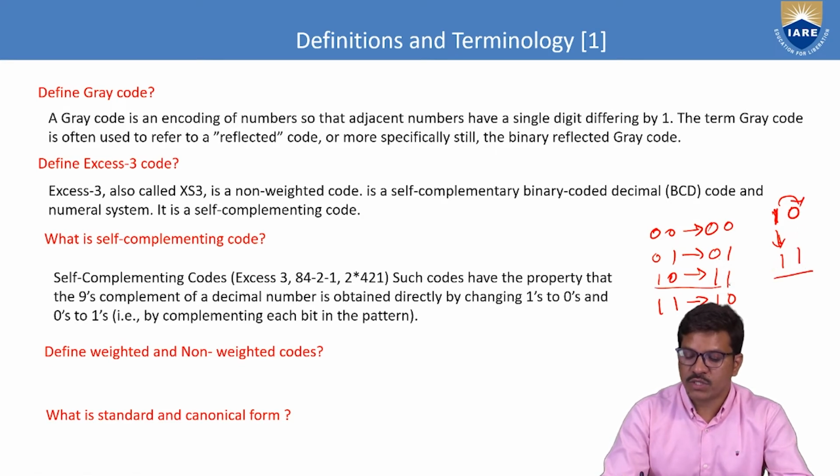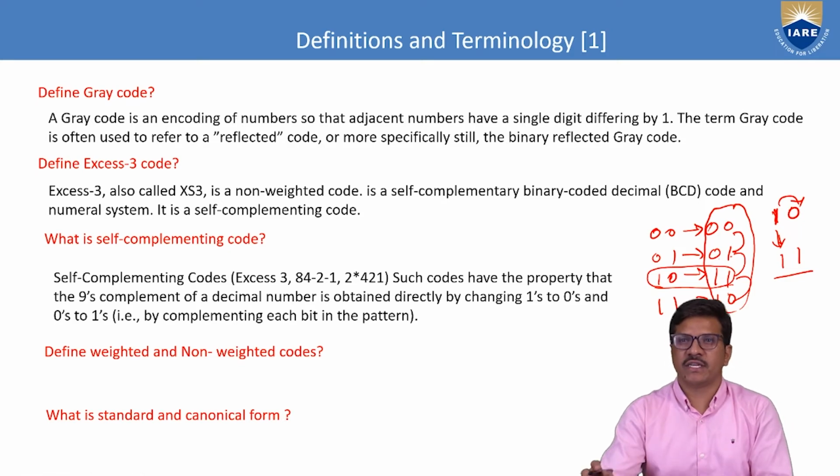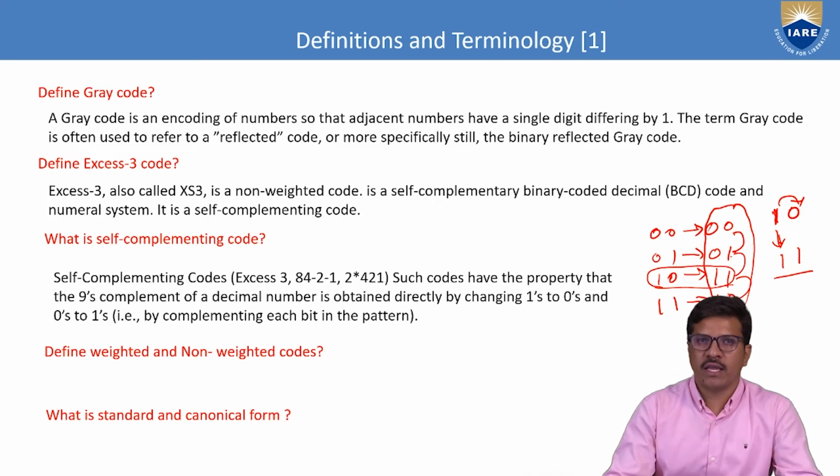If you observe this binary to gray conversion, in the gray code sequence, 0 0 to 0 1 is a 1 bit change, 0 1 to 1 1 is a 1 bit change, and 1 1 to 1 0 is a 1 bit change. So there is only a single digit difference. This kind of property that the gray code has is why it is referred to as reflected code.